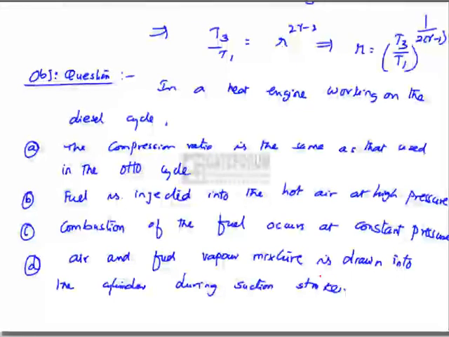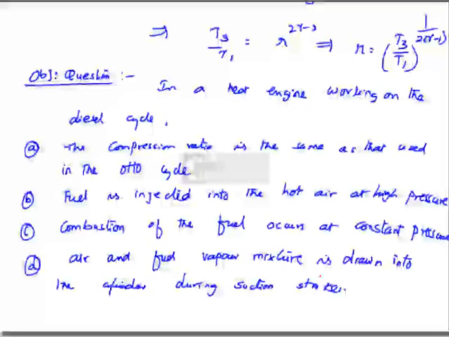So at the end of the compression, diesel fuel is sprayed into the combustion chamber. Answer is B. Option C is also an answer, because the combustion of the fuel, or the heat addition, occurs at constant pressure in the diesel cycle.